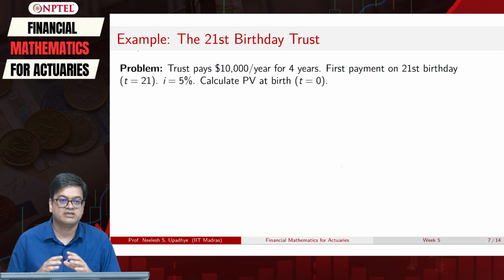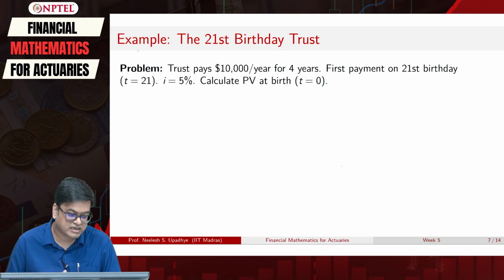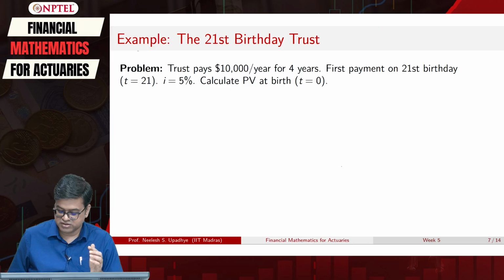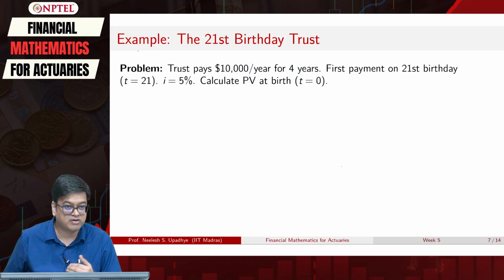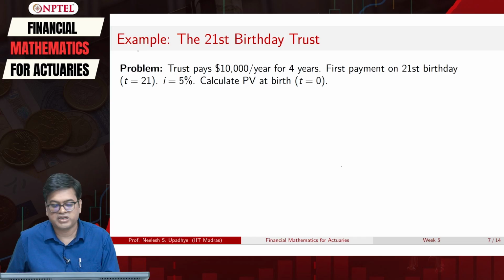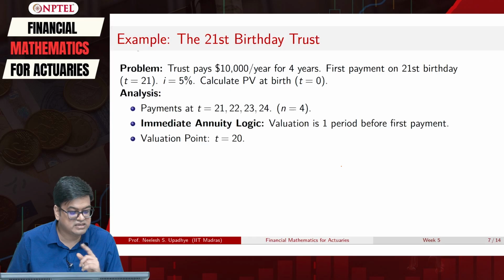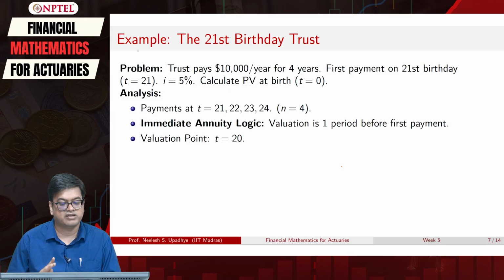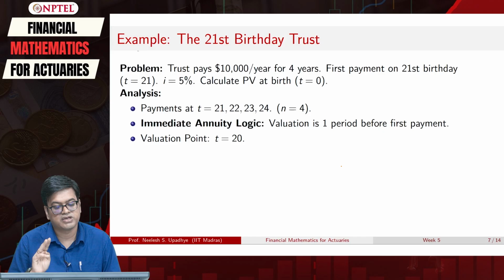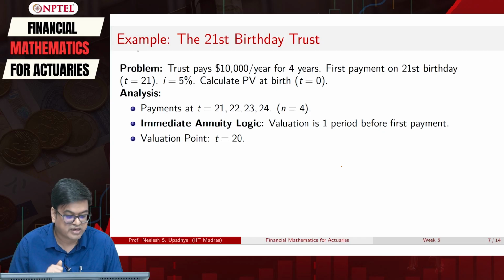So now this is a clear cut case of deferred annuity. Whether it is immediate or due depends on our context. Okay, so let us look at this and analyze this. The first payment is due at t is equal to 21. After that I have to pay for 4 years, 21, 22, 23, 24, correct.